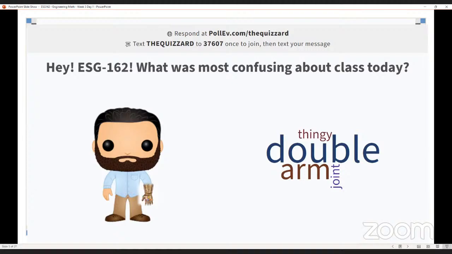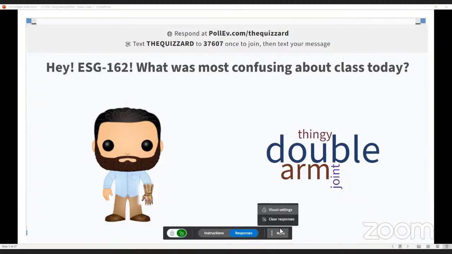We're going to talk more about it today, so I'm going to hold off on a full explanation of the double arm thingy, which from now on, next year, I will actually put as the title of the slide. This is the double arm thingy.